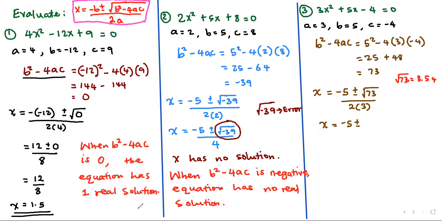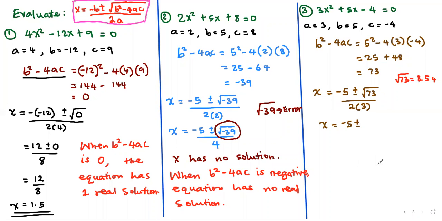I hope that is okay. Now we can say that x is equal to minus 5 plus 8.54 over 6, or minus 5 minus 8.54 over 6.